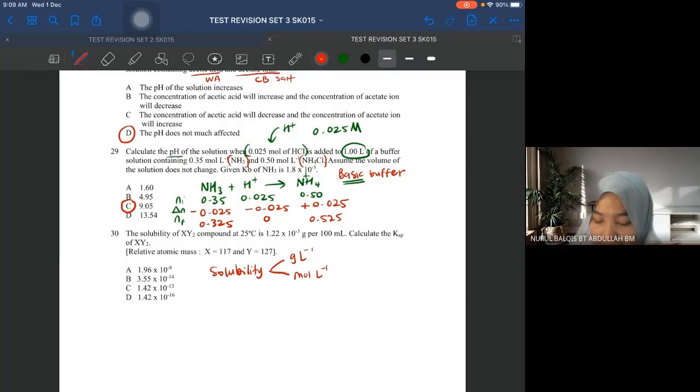What they give now is solubility in terms of gram per liter. So they give your solubility as 1.22 10 to the power of negative 3 per 100 mL. Per 100 mL. So since we usually use gram per liter, we convert it to liter.